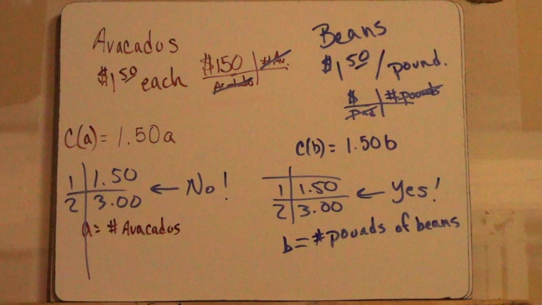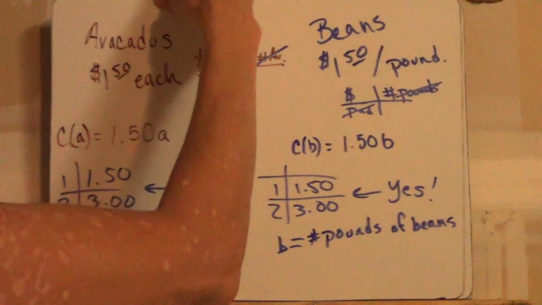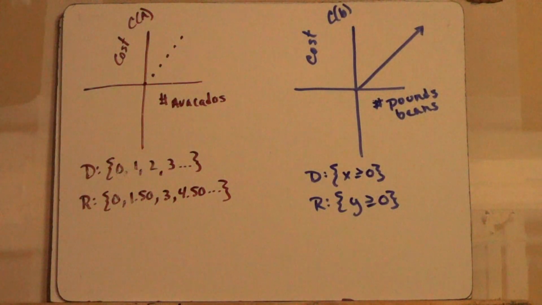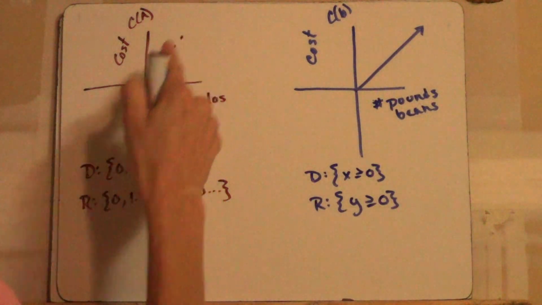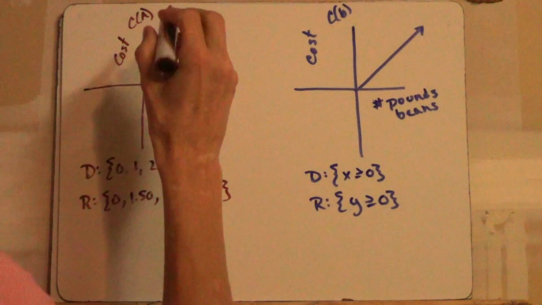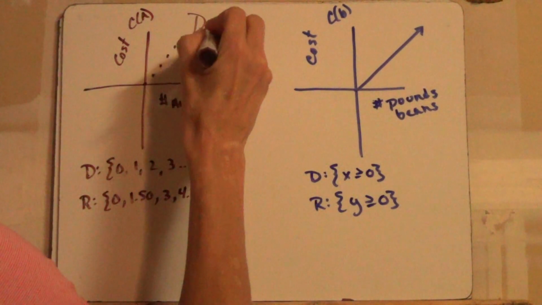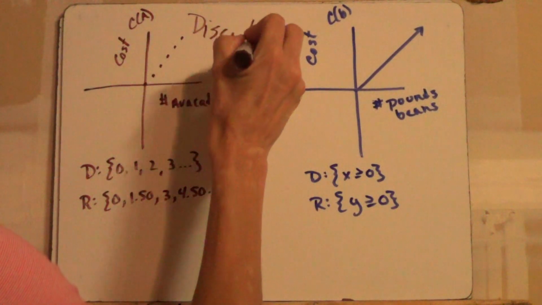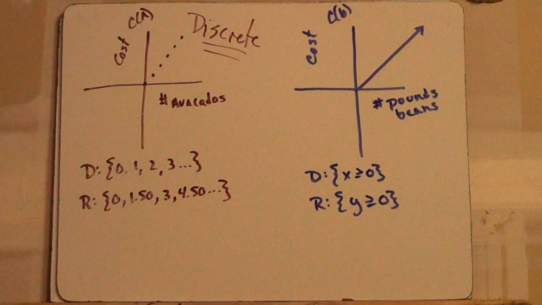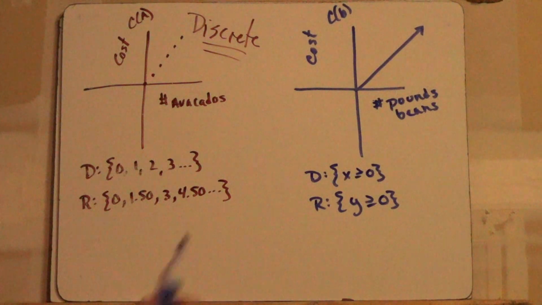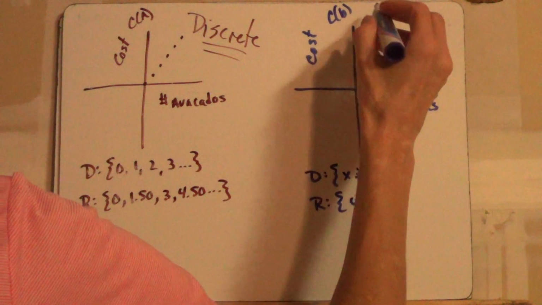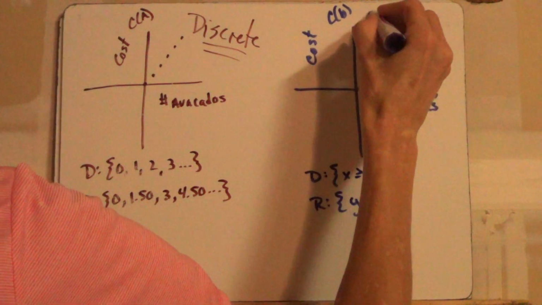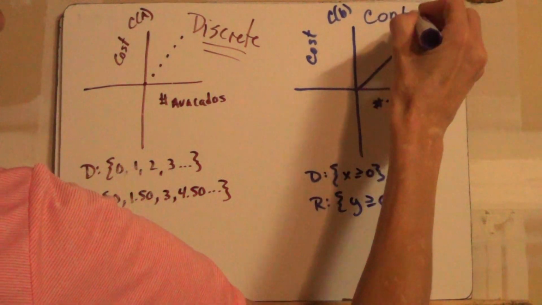This is discrete. In graphing, you can see discrete or continuous by whether it's points. On avocados, we can't have the in-between prices, so it's discrete. On beans, we can have the in-between prices if we get a pound and a half, a pound and a quarter. So this is continuous.